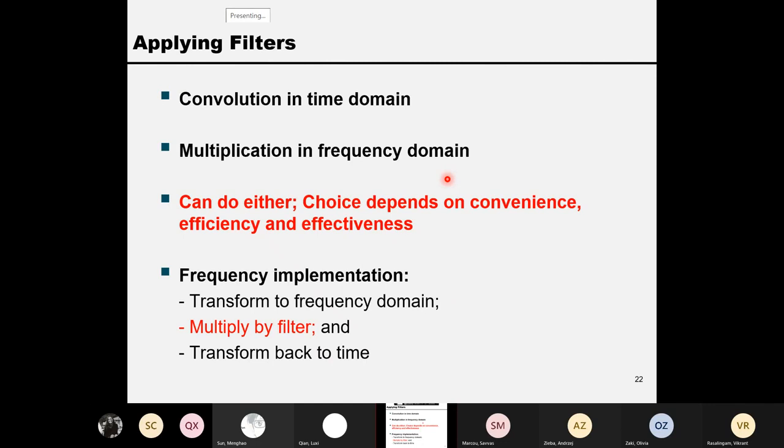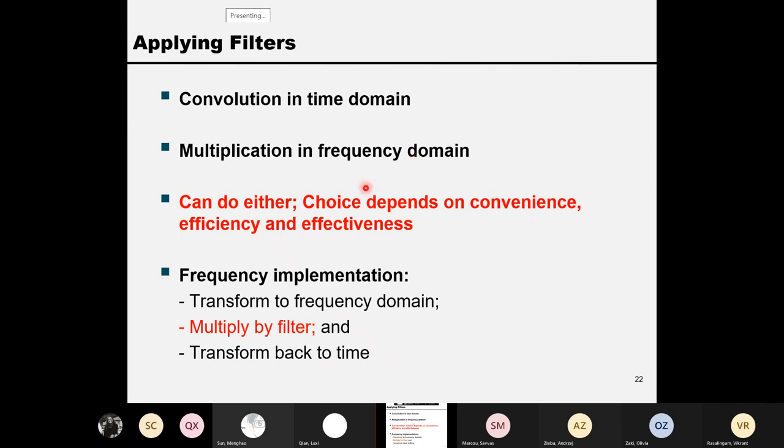So these are two implementations, right? Theoretically, we can do either way, and the choice depends on the convenience, efficiency, and effectiveness. But in seismic signal analysis, most likely 99% of the time, you implement them in the frequency domain, right?